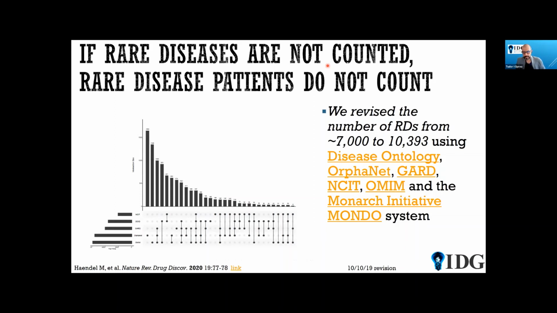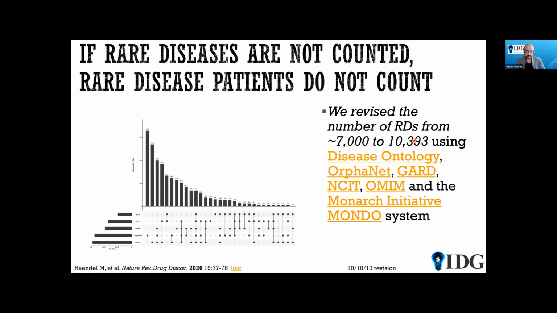And the answer, which is still often quoted as being 7,000, we think that comes from OMIM, except the data in OMIM is not strictly for rare diseases. But if you look at rare diseases, that number is probably by as much as 50% higher. So over 10,000 rare diseases out there. And you can read more about it in this commentary.